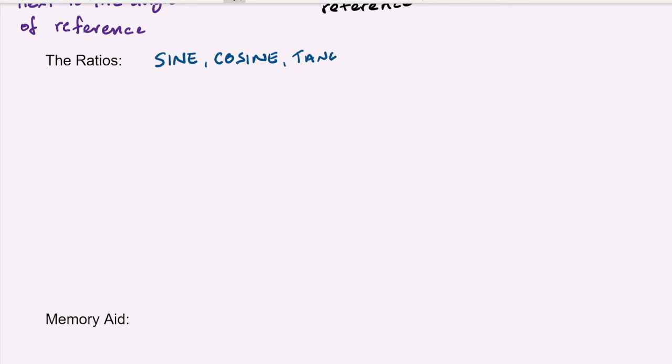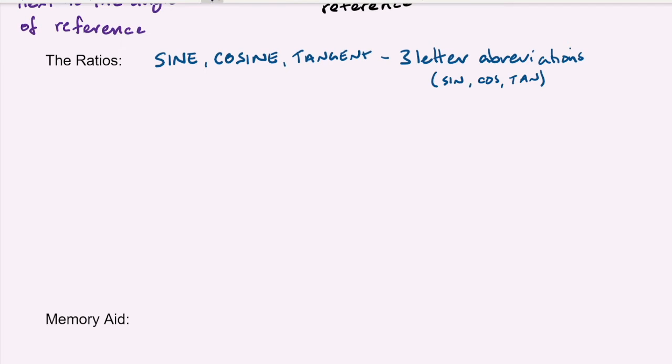And then we use a tangent ratio, which uses the other two in it. Now, we do use three-letter abbreviations, and they get us sin, cos, and tan. So sine, cosine, tangent, or sin, cos, and tan.